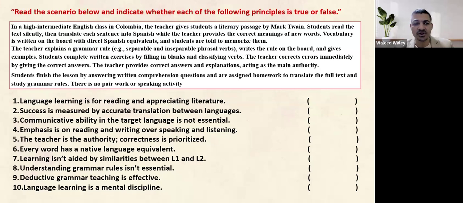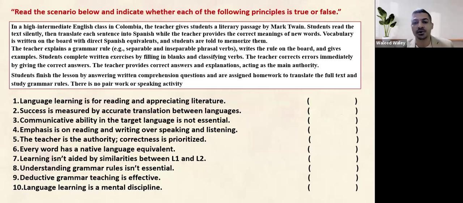So it's a very traditional class, with vocabulary on the board with direct Spanish equivalents, and the students are told to memorize them. The teacher explains a grammar rule directly to the students.